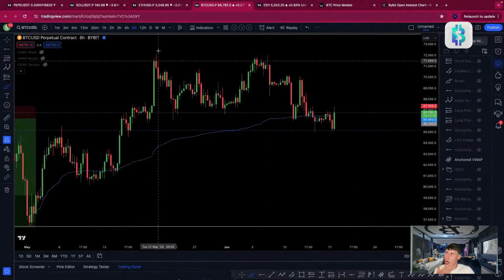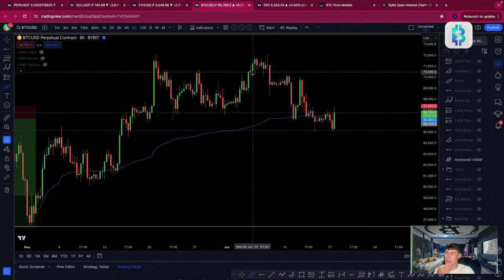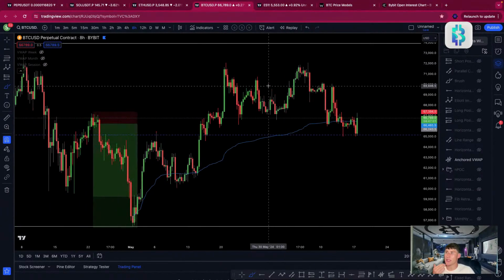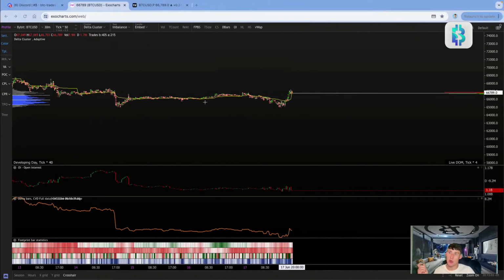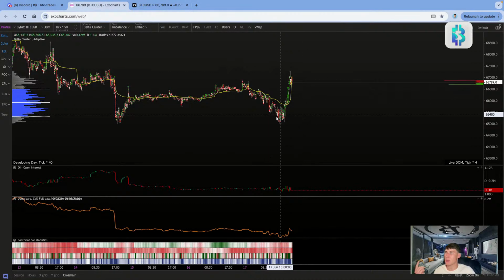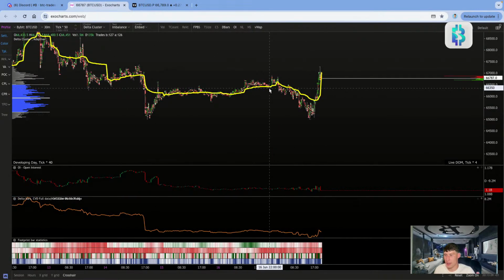But I find it hard to believe anybody is profiting off of this market without using some sort of footprint software. And this costs money, right? It is quite expensive each month to pay for ExoCharts. It's like 50. Well, I say it's quite expensive. It's not that bad. It depends what you consider to be expensive, right? $50 a month.